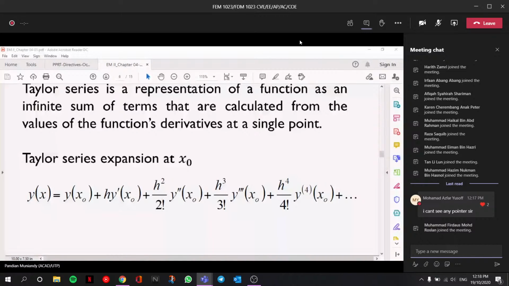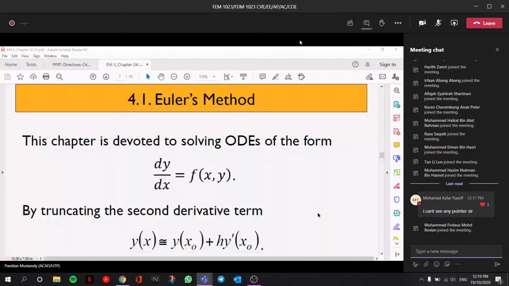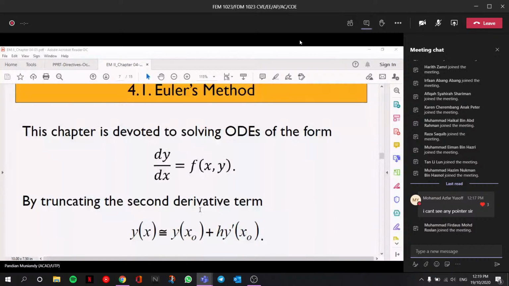That's why here you have these two terms only on the right hand side.